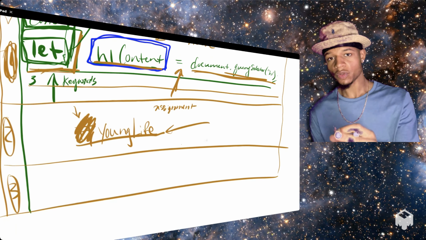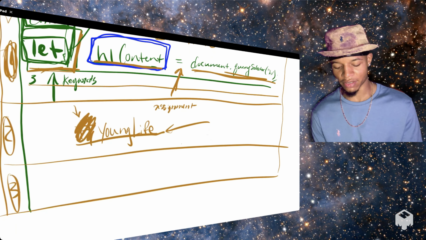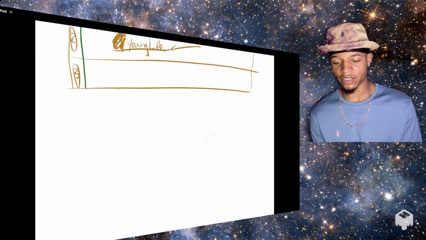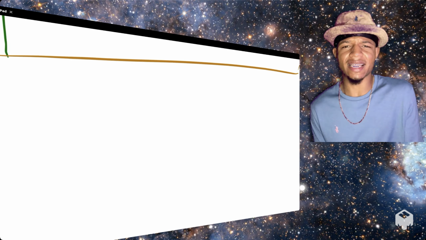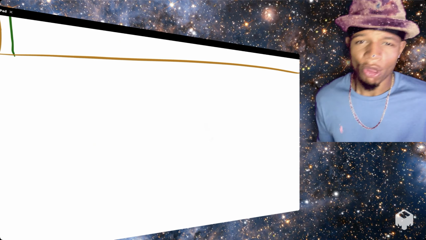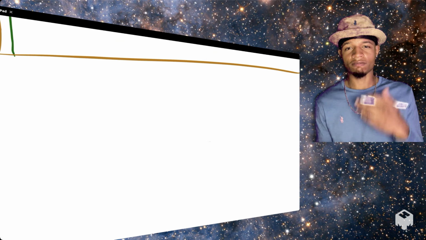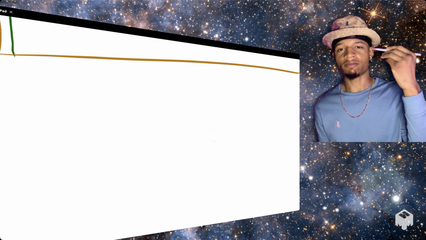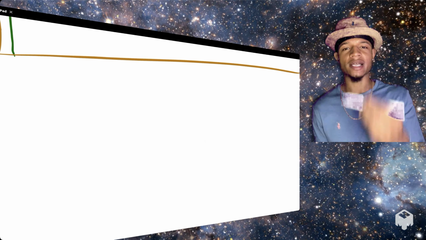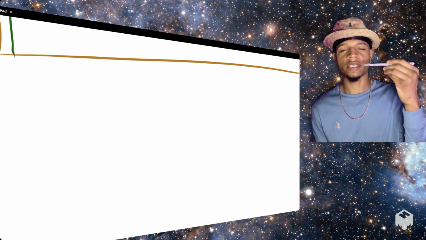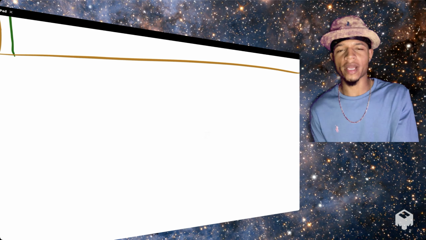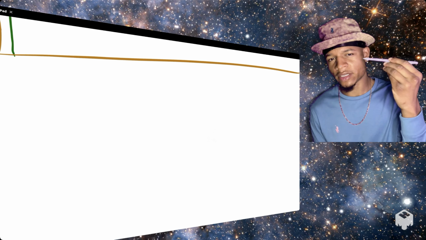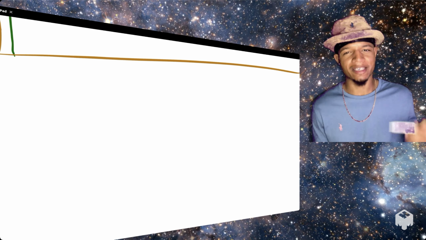Well, let me break it down like this. You kind of got to understand how technology and life really work. In technology, there's data and there's processing of that data, and then there's data that comes out of the processing, and then more processing of that data, and then more data comes out, and then more processing.